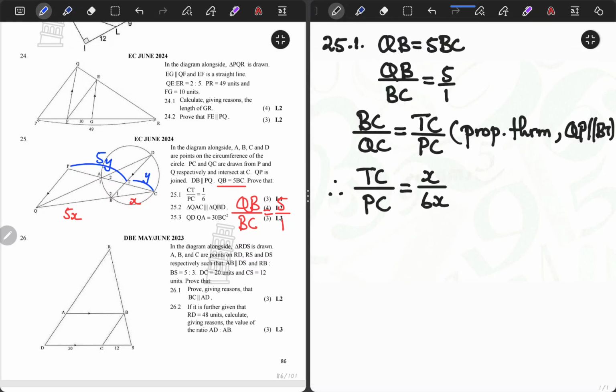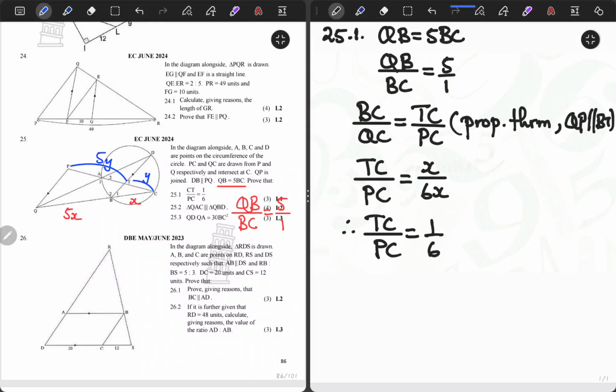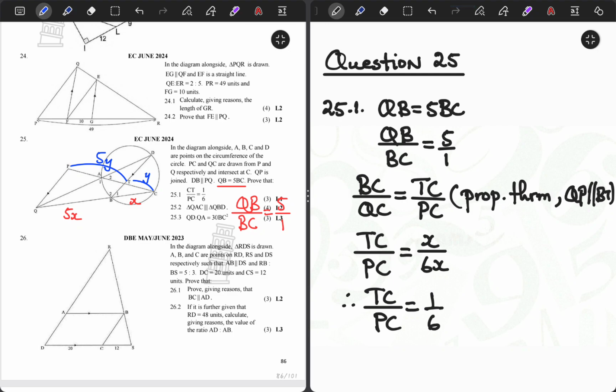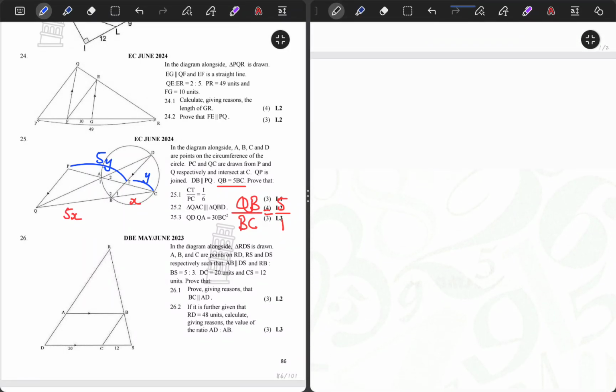And as you play around, this will be TC over PC, and that will definitely be 1 over 6. If you want to play around, this is the story. We are done with 25.1. Let's move on to 25.2.